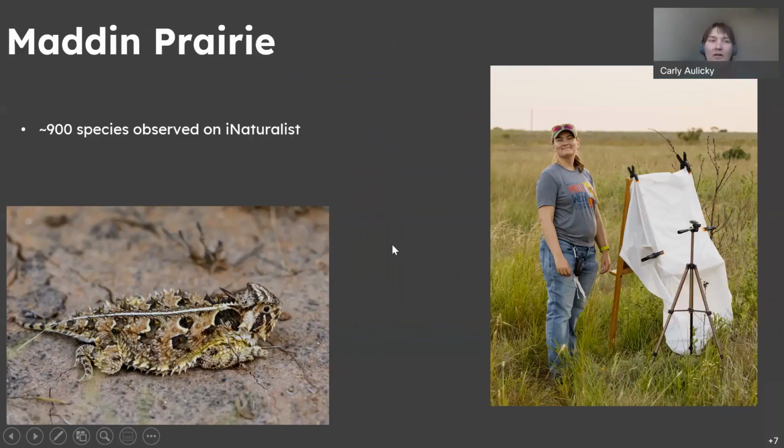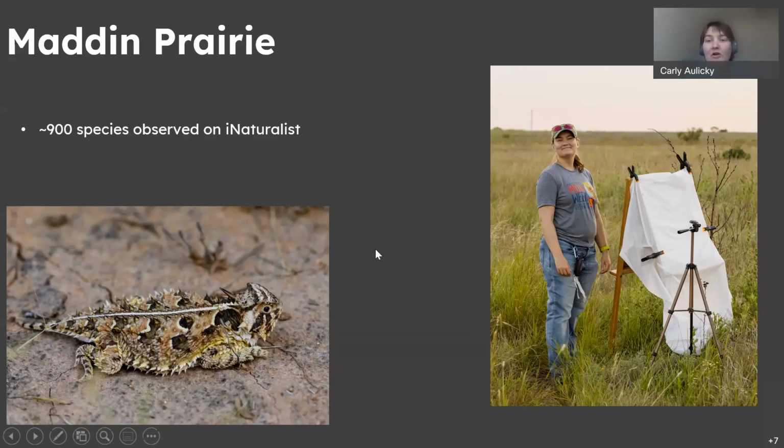We are very lucky to have Madden Prairie because it was a remnant of sandy mixed grass prairie, which is a really beautiful ecosystem. But the reason why I wanted to talk about it as well is that most of it was actually in cotton farm when NPAT acquired this piece of property. So it was a tremendous restoration effort to get it up to the 300 some odd acres of mixed grass prairie that currently comprise part of this property.